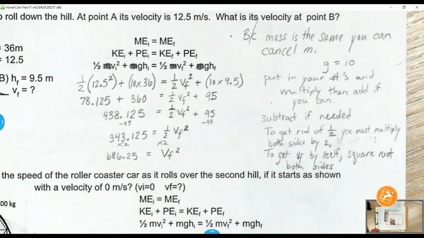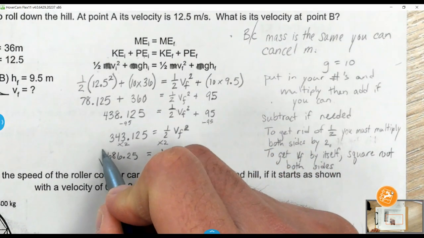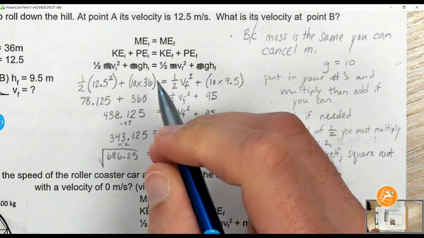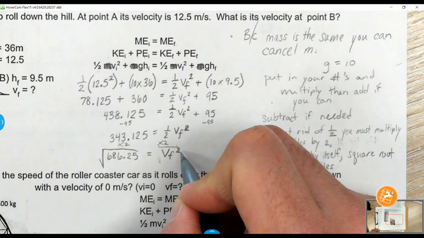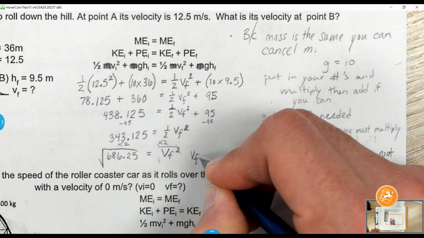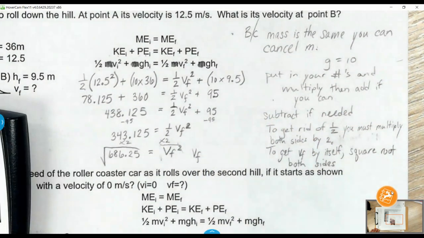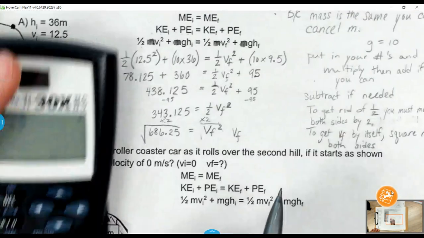So when you square root this side, the square root over here cancels out the squared, and you're just left with v_f. So in our calculator, we had the 343.125.